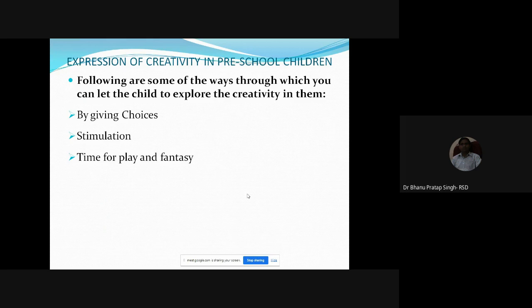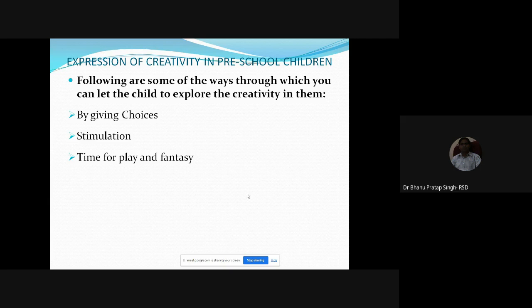Next. Following are the ways through which a teacher can let the child explore the creativity in them. In a school, the teacher may give choice to the child as per their interest and ability. Stimulation: if the child is not ready to do some creative work, then the teacher may stimulate.